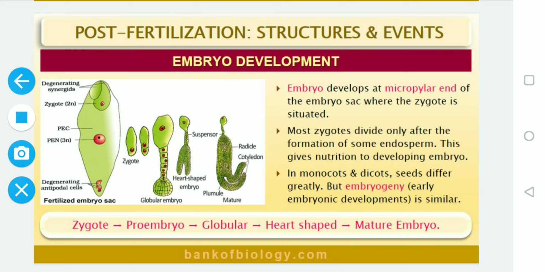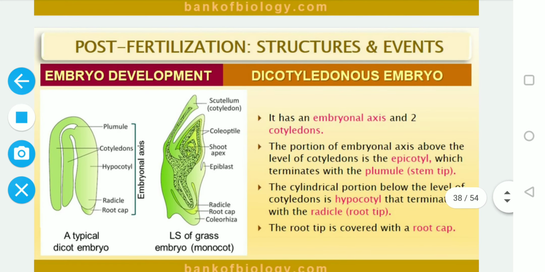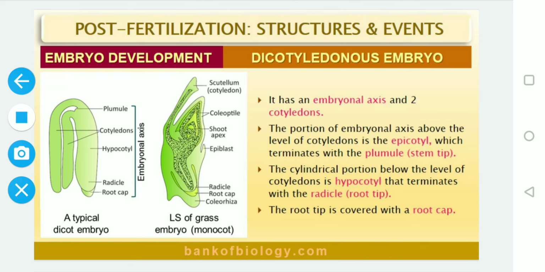In monocots, it will become a monocotyledon, and in dicots, it will become a two-cotyledon structure. Got it? If we take an example, let us discuss a typical dicot embryo and a typical monocot embryo structure. It is given in your textbook also.